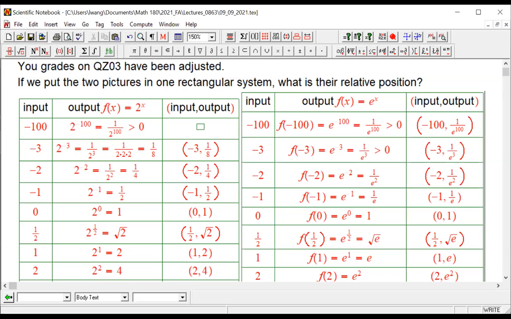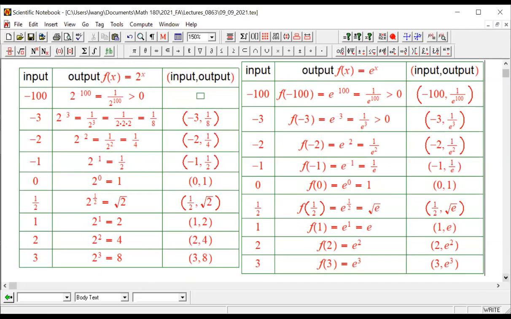I give you guys all the same input. But for each output, you look at the output. For (0, 1), as Farouz just pointed out, they have the same y-intercept. They do, because one is 2 to the power 0, the other one is e to the power 0. They equal 1. So there's one point that will overlap.